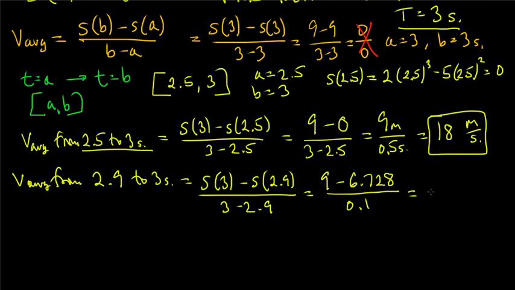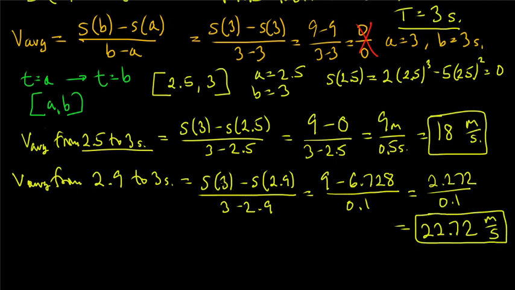So, using my calculator, 9 minus 6.728 is 2.272, divided by 0.1. So we end up with 22.72 meters per second.